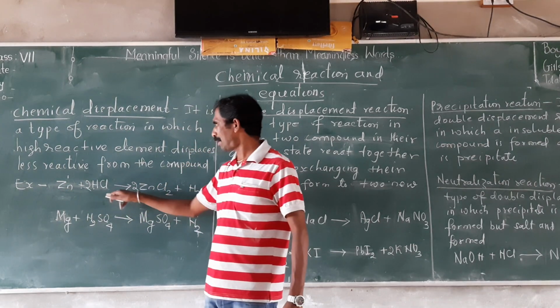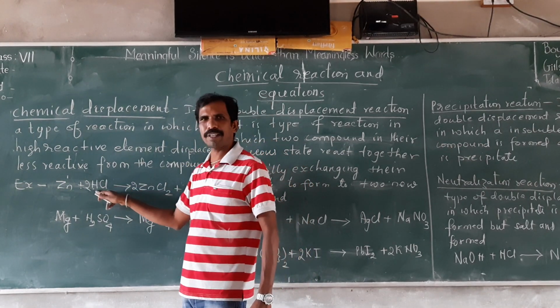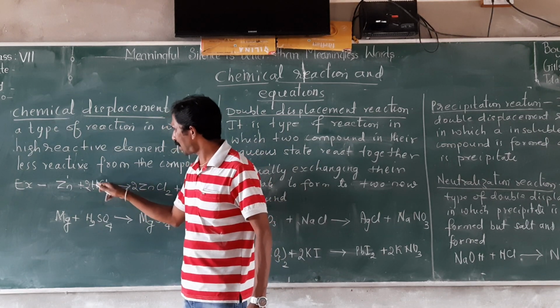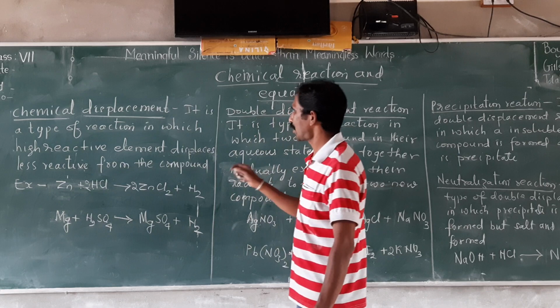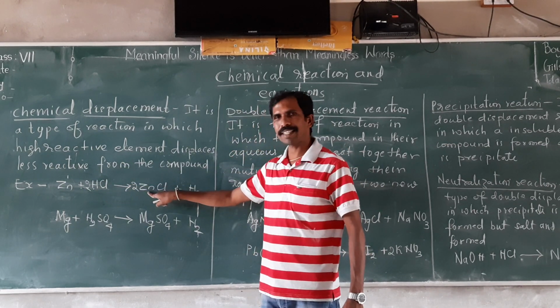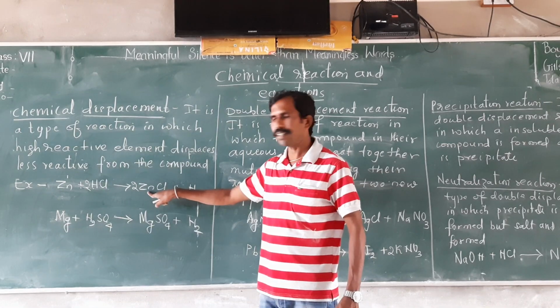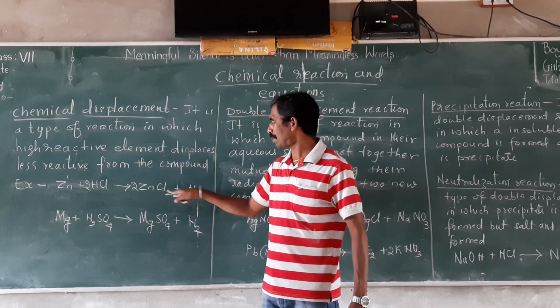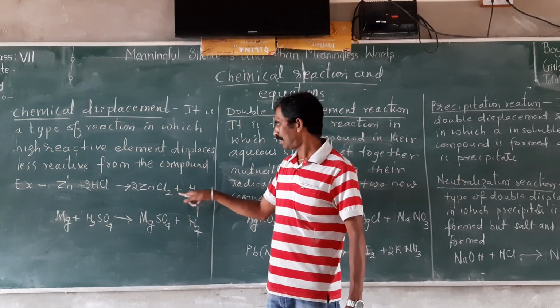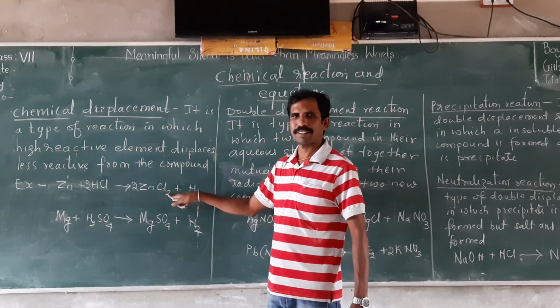This highly reactive element displaces the less reactive element from the compound HCl. So hydrogen is displaced from this. In place of hydrogen, zinc comes and zinc chloride is formed and hydrogen is liberated.